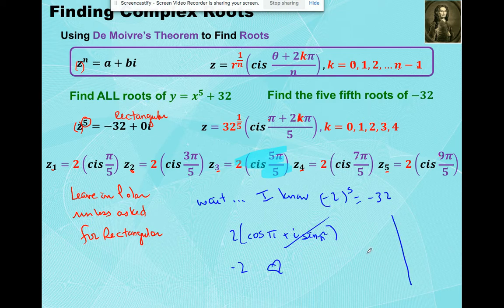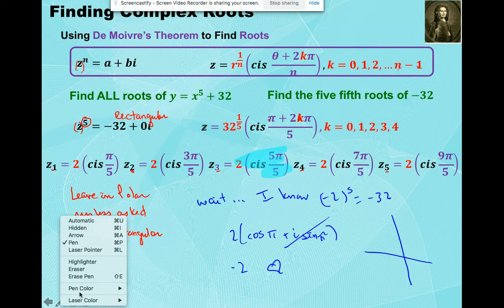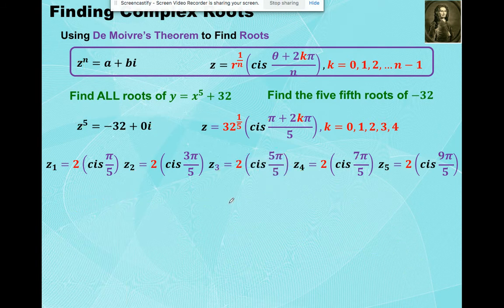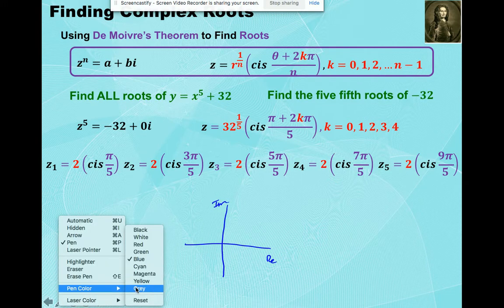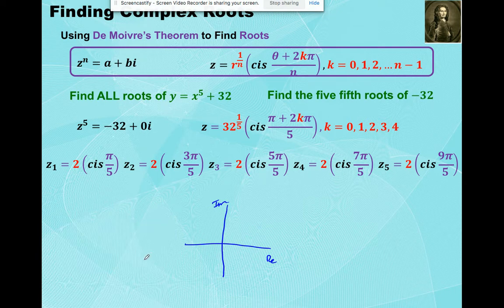I didn't bother graphing this on the Argand plane. But if I had graphed this on the Argand plane, every spoke of the wheel would have a length of 2.